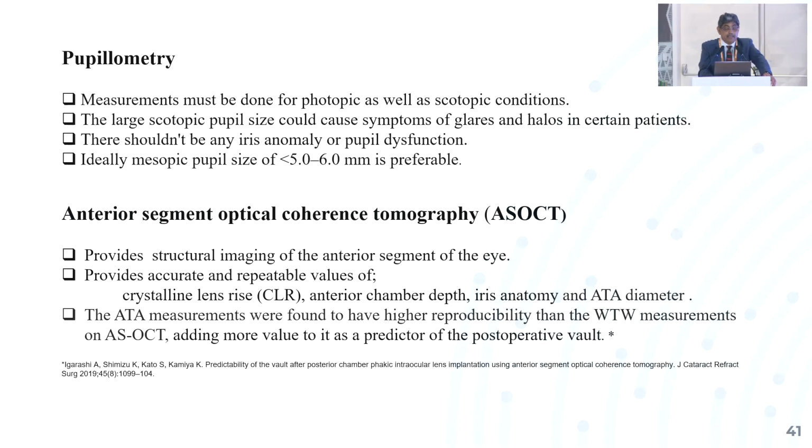In a few patients, when the crystalline lens rise is not appropriate, then the chances of development of cataract are high, and development of glaucoma is also there. So we should check the crystalline lens rise. The angle-to-angle measurements were found to have higher reproducibility than the white-to-white measurement on AIOS. Some studies say that.